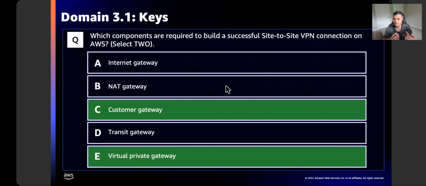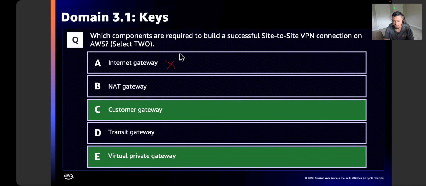So this would act as a physical hardware device that you have on premises, but we'd configure it within our AWS console. We'd configure that device as our customer gateway. And by doing so, we can then create this site-to-site VPN connection. So those are the two components required to create that, right?